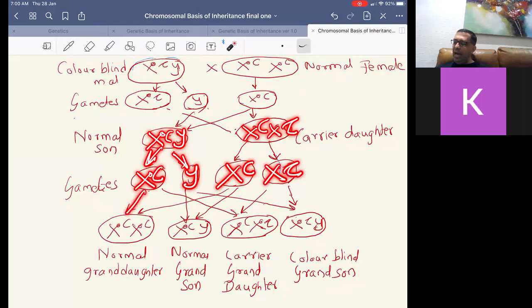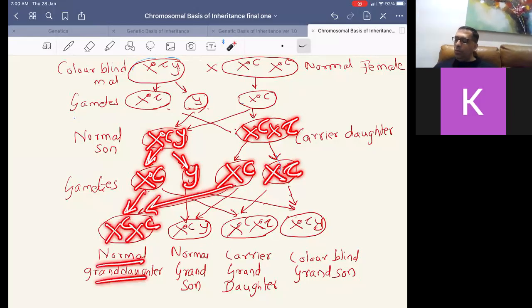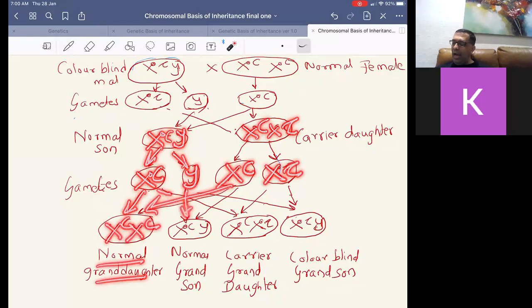You will get X capital C, X capital C, that will be a normal granddaughter. And you will get X capital C and Y, which will be a normal grandson.